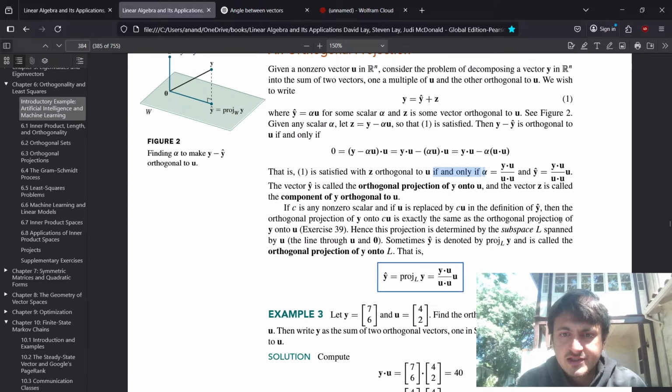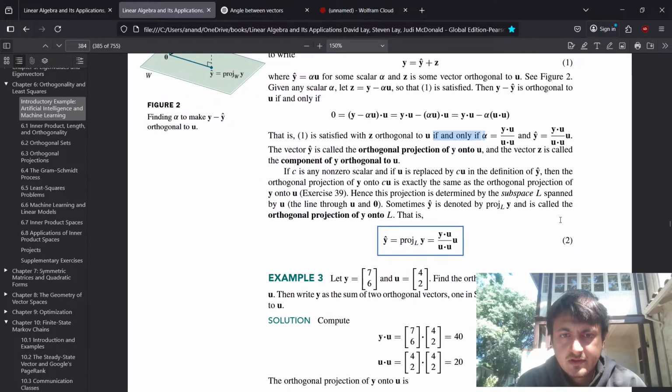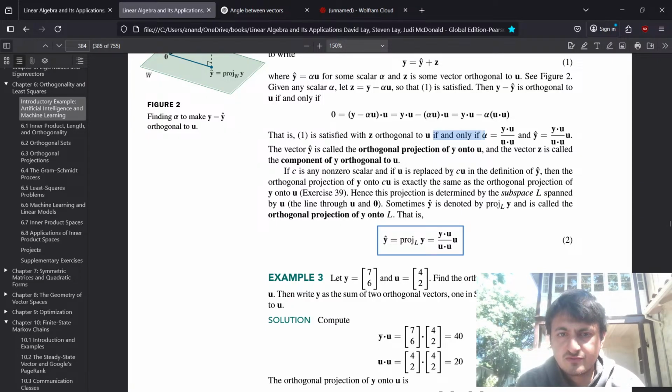The vector y hat is called the orthogonal projection of y onto u, and the vector z is called the component of y orthogonal to u. If c is any non-zero scalar and u is replaced by cu in the definition of y hat, then the orthogonal projection of y onto cu is exactly the same as the orthogonal projection of y onto u. Hence, this projection is determined by the subspace L spanned by u, the line through u and 0.